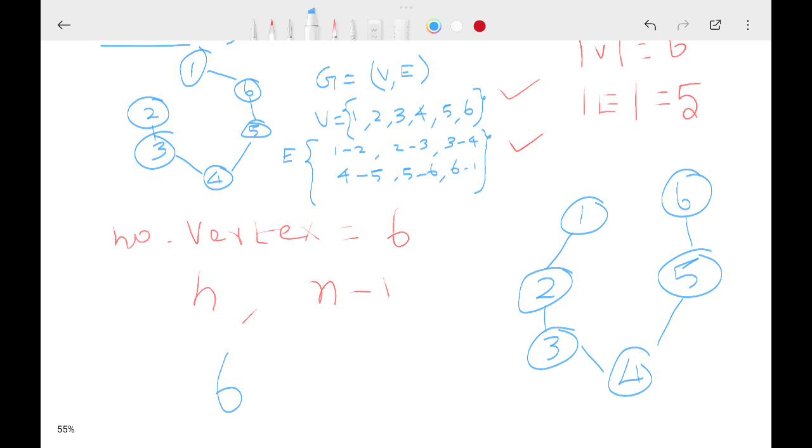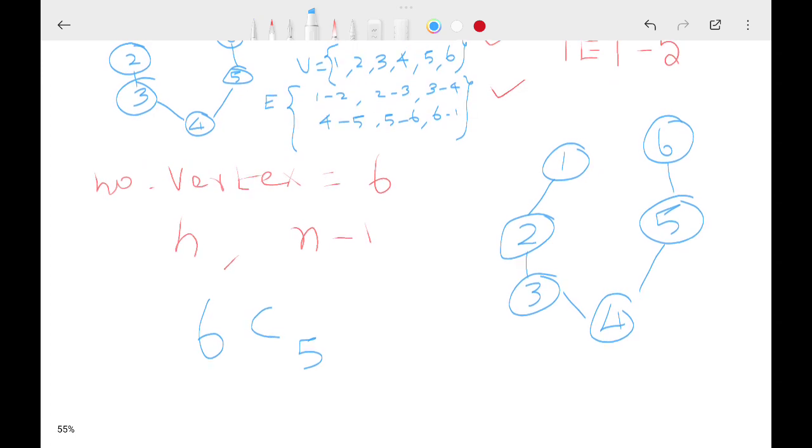How many possible ways can 5 edges be selected from 6 edges? That is 6C5, the combination of 5 elements from a set of 6 elements.